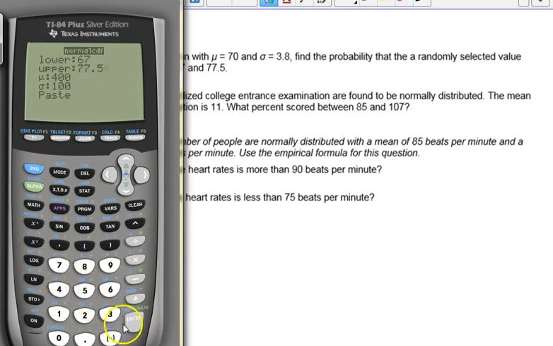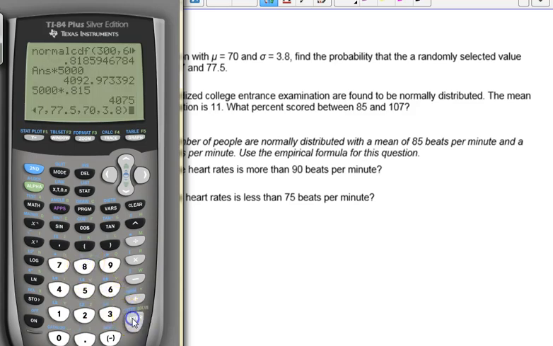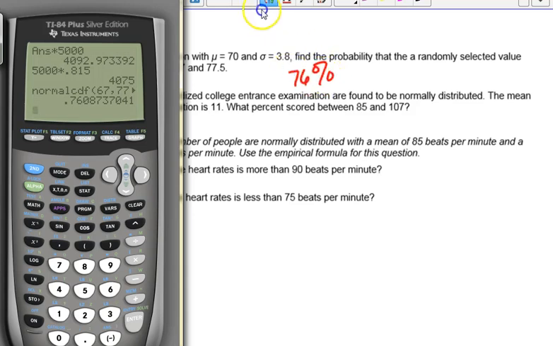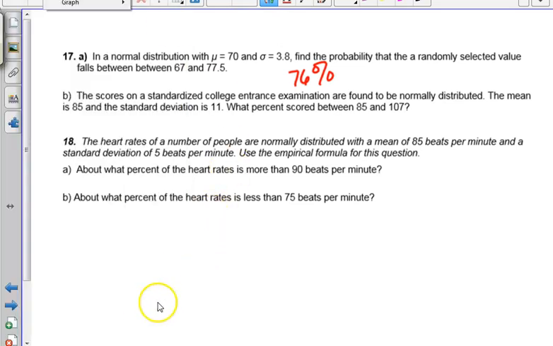That's the one I can see. And 70 and 3.8. Now, can you use empirical formula for this one? You're not counting by 3.8s, right? Counting by 3.8s out isn't going to give you these exact values, so you need to use your calculator for this. You can put 0.76 or 76%, okay? But either move the decimal or don't. If you do, put the percent on.